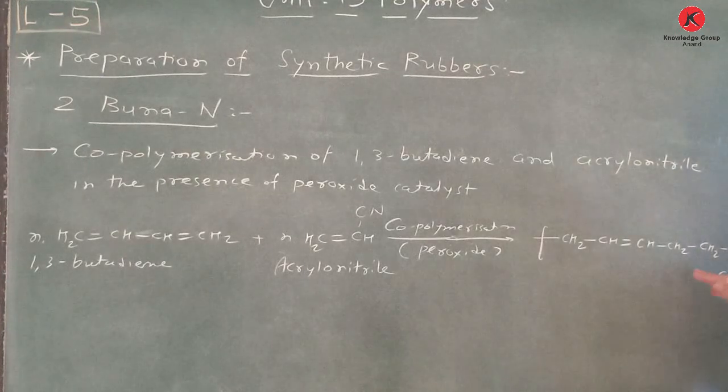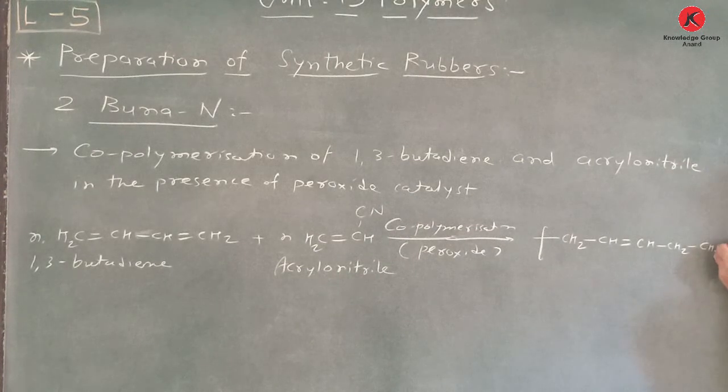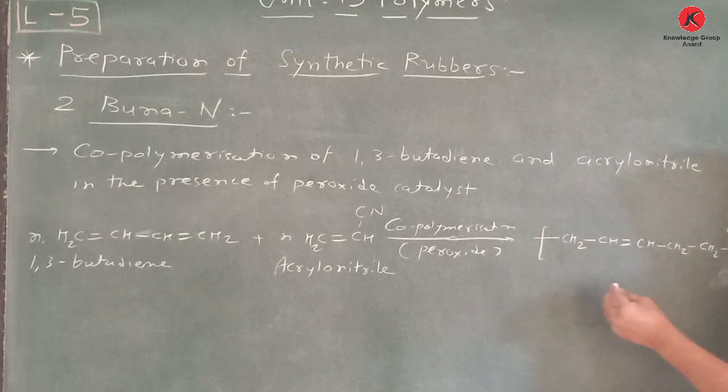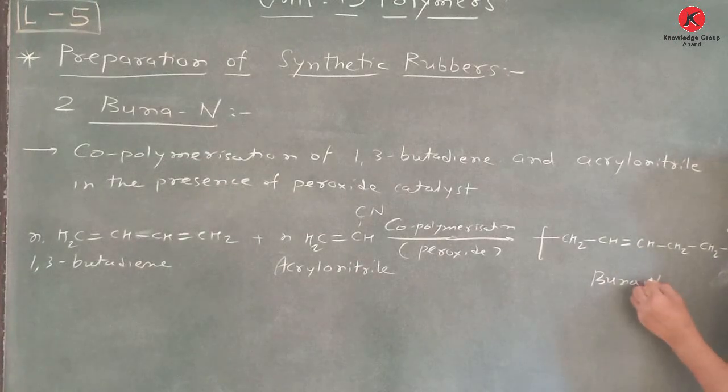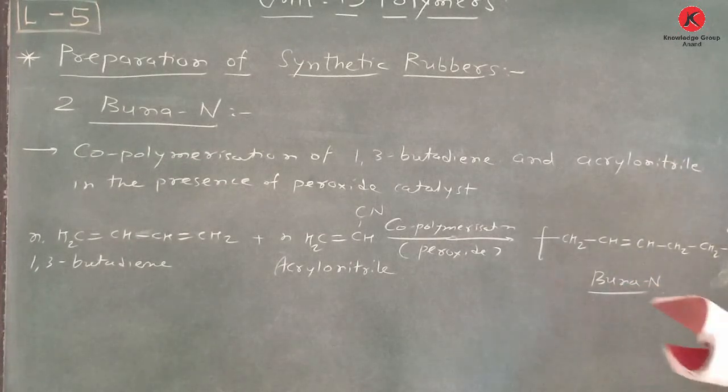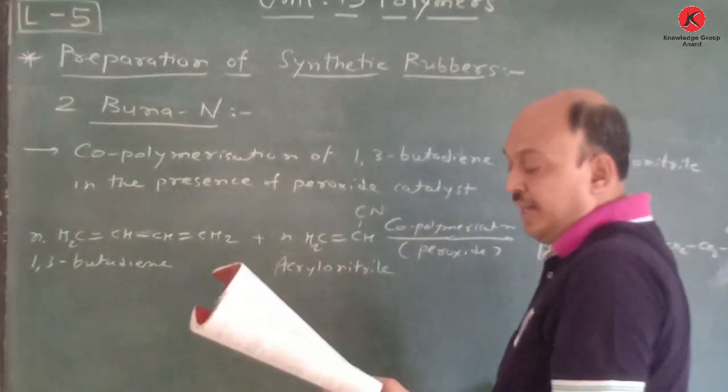So this type of structure takes part. So write down CN above. This is known as Buna-N in your NCERT textbook. So this is all about Buna-N.